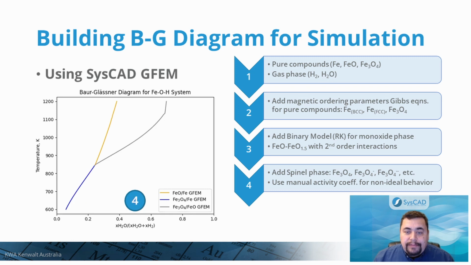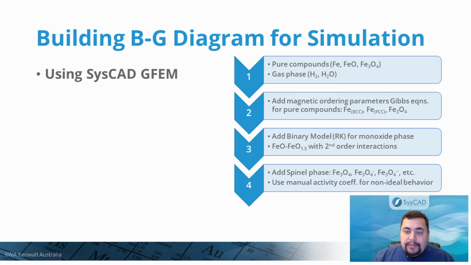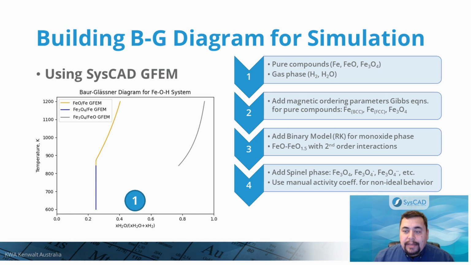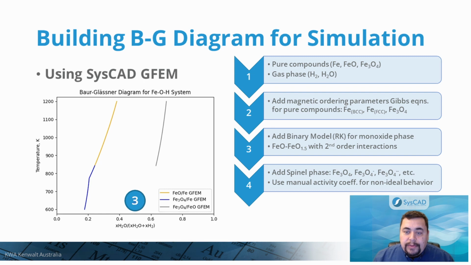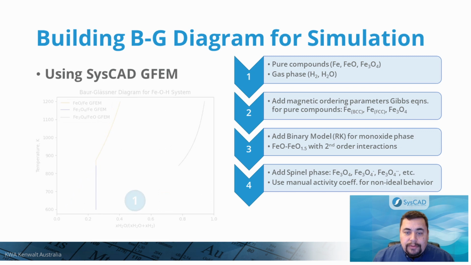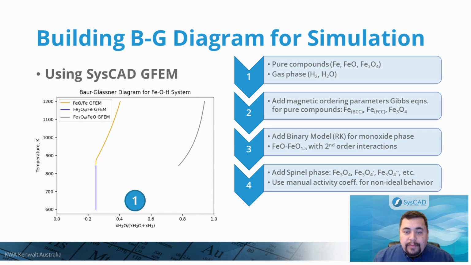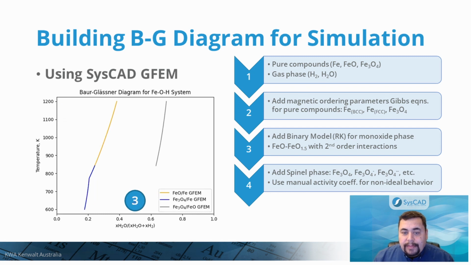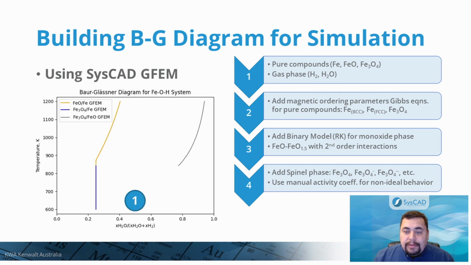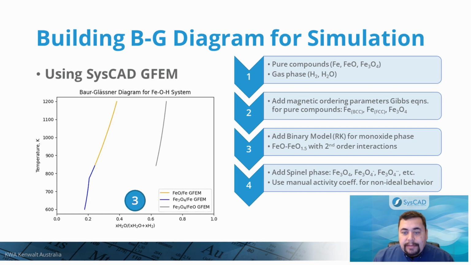Still, that was not enough to reproduce the diagram. It was recognized that iron oxide was actually present in the form of a monoxide solid solution with 2 end members. We then included a binary model for this solution using the Redlich-Kister model, which I'll describe in more detail in the following sections. As shown in step 3 in the animation, this improved the results for the iron oxide-iron boundary line, but the 2 boundaries considering magnetite still needed improvement.